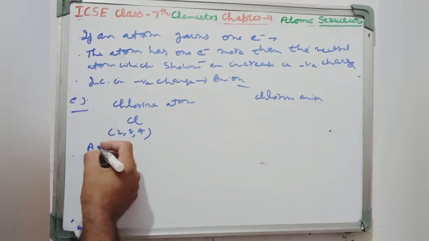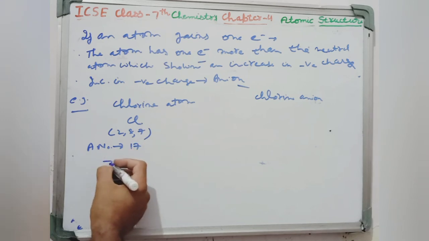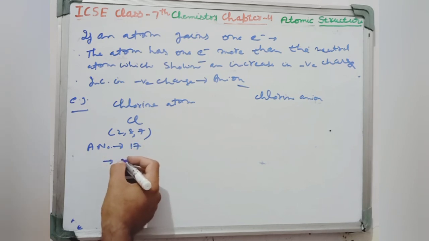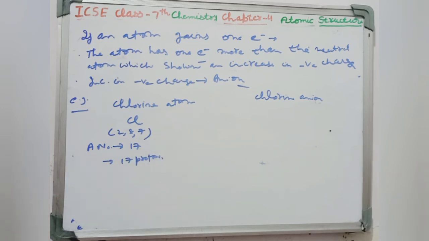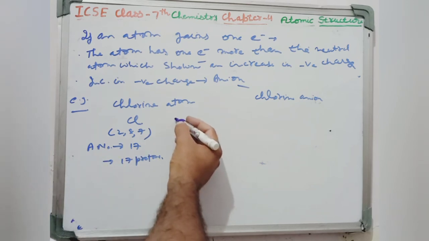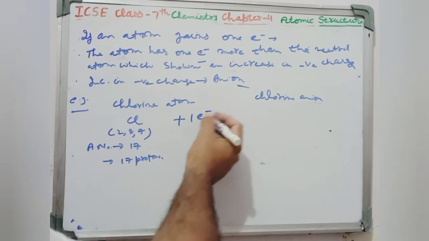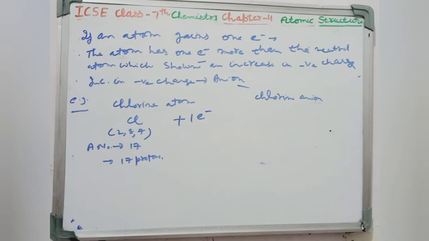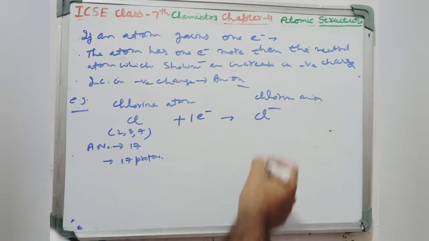Atomic number 17, so 17 protons. Number of protons and electrons are the same. If it gains one electron, its negativity is increasing, it will become negative.